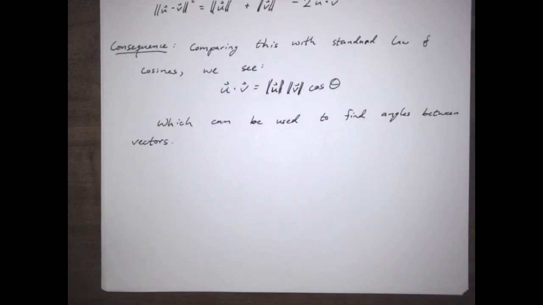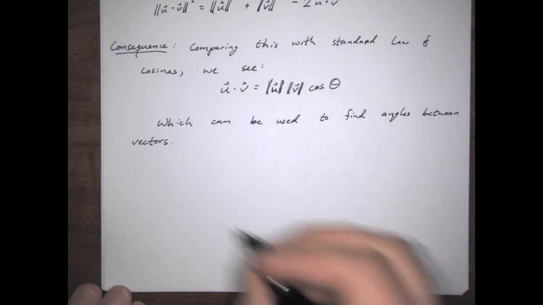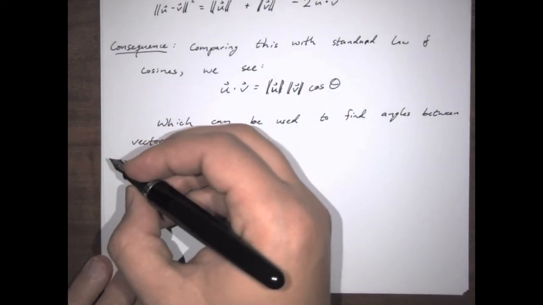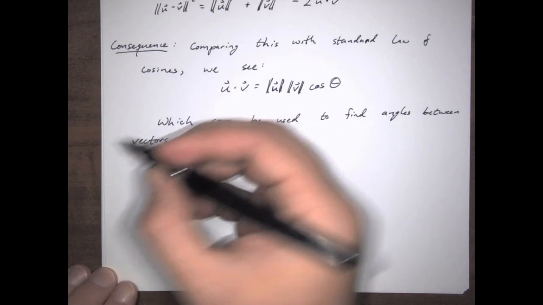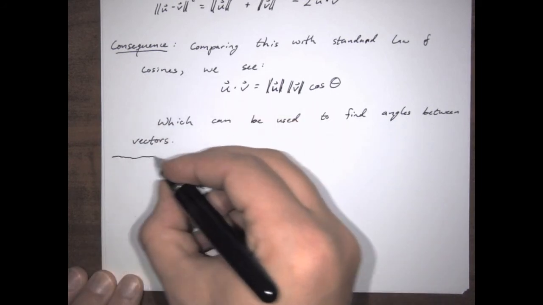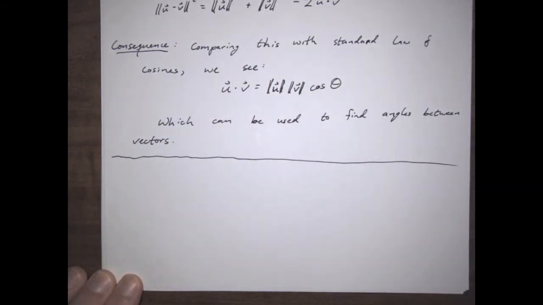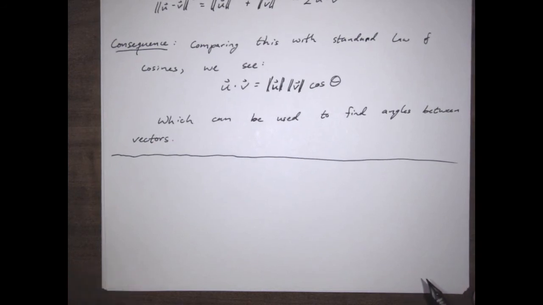But again, that's not going to be our focus in this class. That's the kind of thing that does happen often in all sorts of different situations, from physics or vector calculus. But it's not really our bagatelle right now. So that's just a little bit of an aside. It's an interesting little connection back with some of the geometry that we all know and love from our trigonometric investigations earlier on in life.